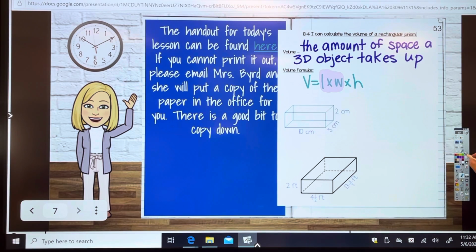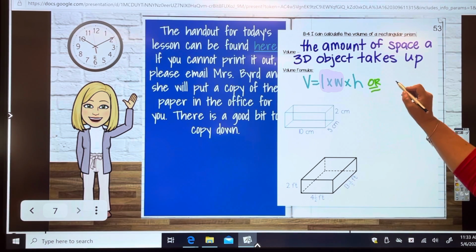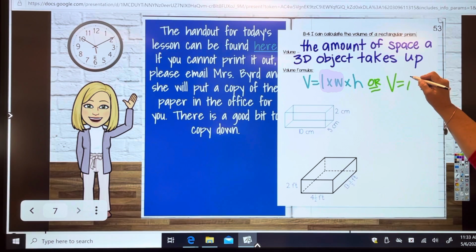So we can write our formula as area times height, because length times width is area. That just means somebody did one step for us. Instead of multiplying 3 numbers, we only have to multiply 2, which makes our work a little bit easier.